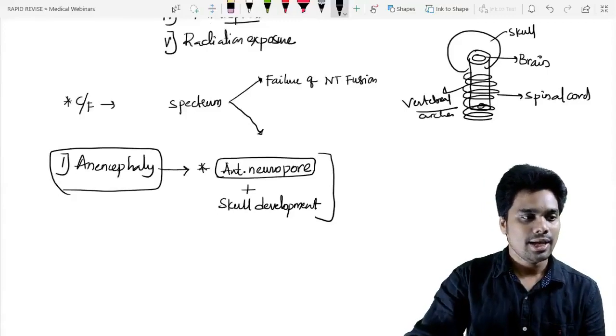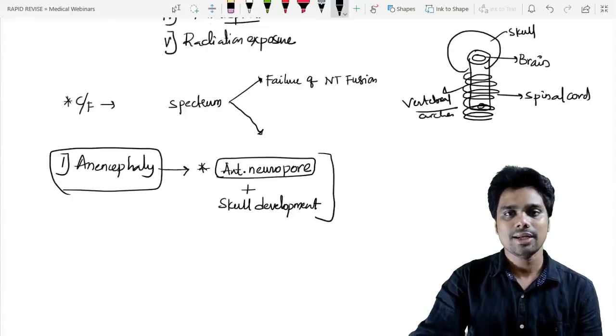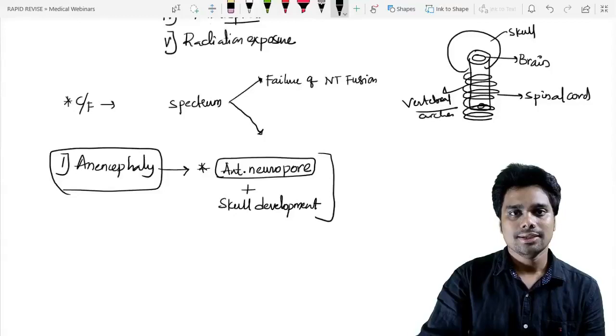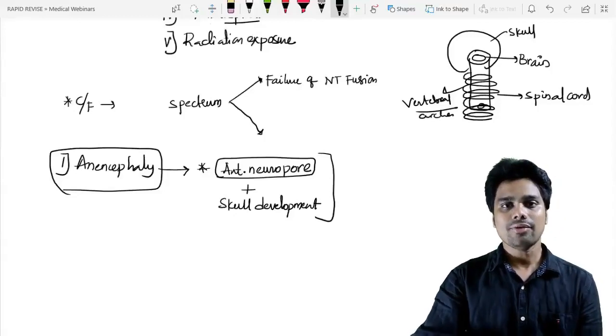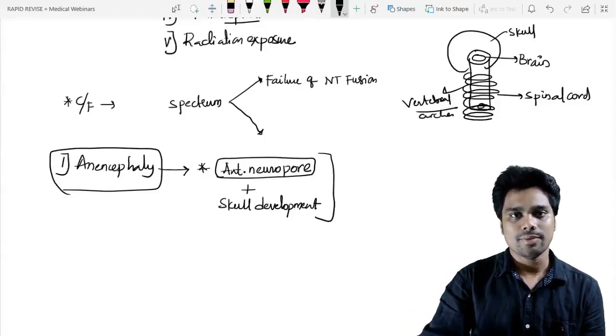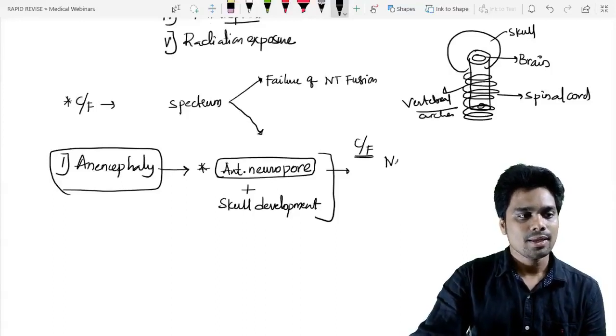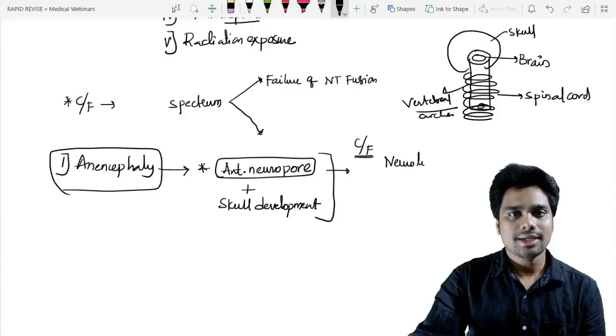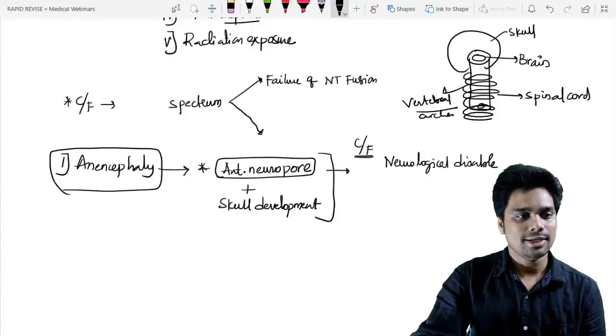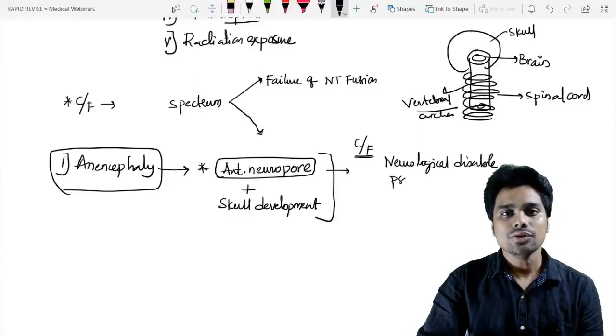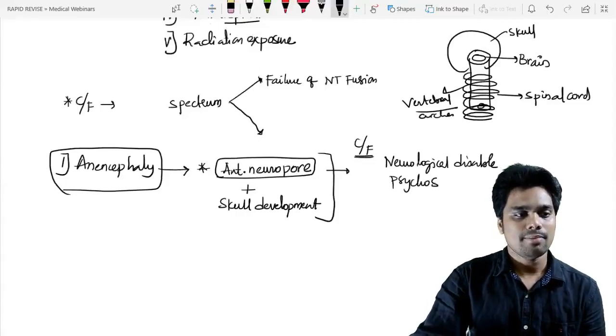This is a very serious condition, anencephaly, and most of the times there is stillbirth or intrauterine death in most severe forms. Even in milder forms, what happens? The patient may have neurological disabilities, and there is psychosocial maladjustment.